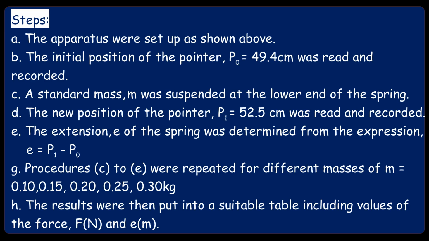Then we proceed on now to the steps. The steps we are having: step number 1, that is the apparatus we set up as shown above. Always refer to as to why you set up the apparatus. Then after setting up the apparatus, we noted the initial position of the pointer.